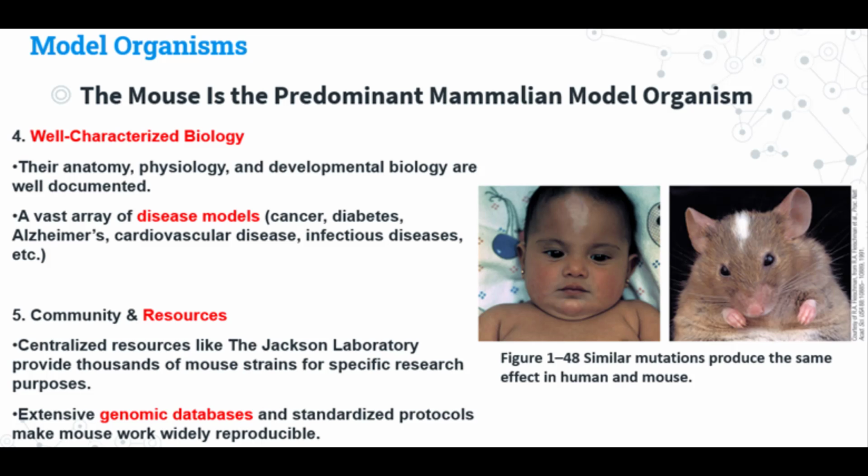So everyone's on the same page. Largely, yes. This robust infrastructure means mouse work is widely reproducible and highly collaborative. Results can be compared across labs worldwide with more confidence. Makes sense. It's really no wonder there's even a bronze monument to the laboratory mouse. It's a testament to their immense, often unseen contribution to human health and, well, our understanding of life itself.